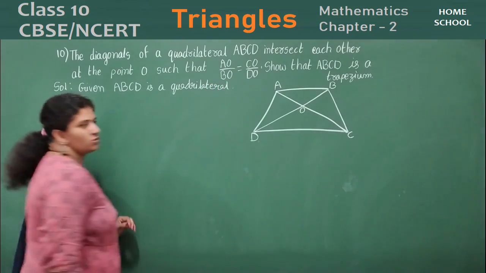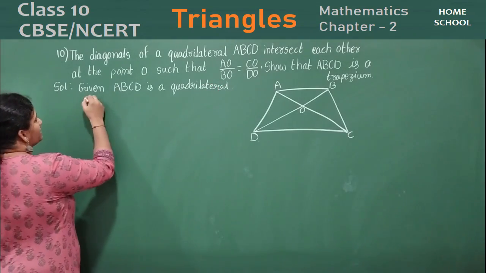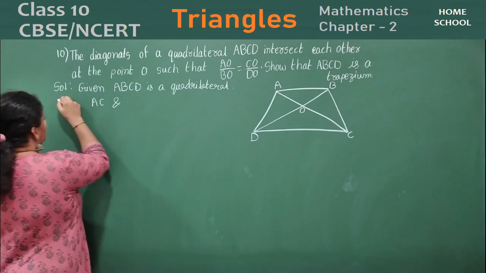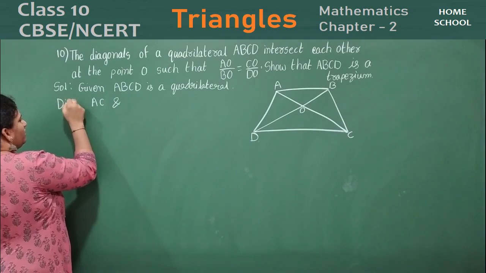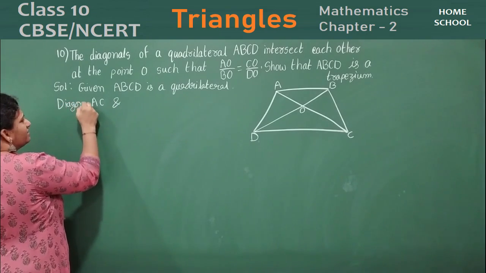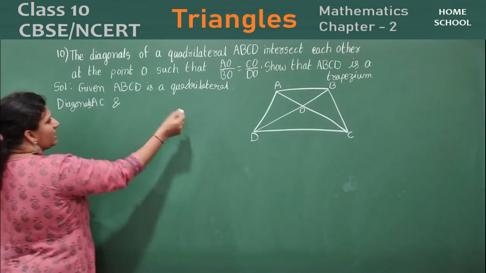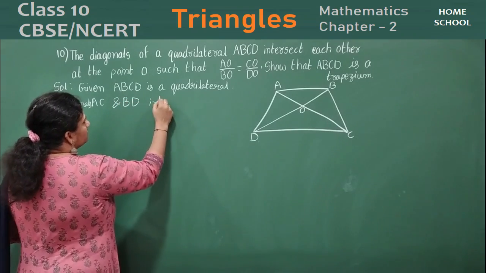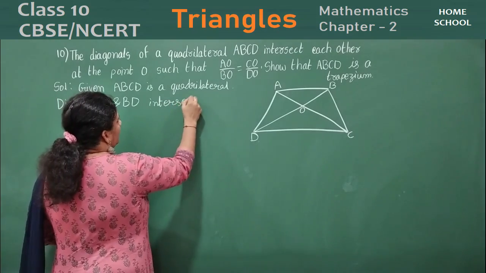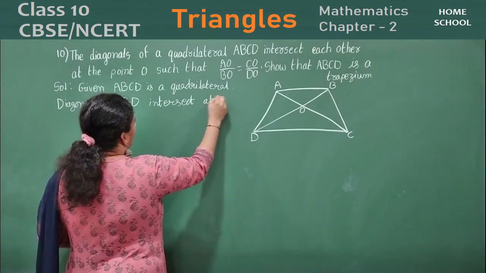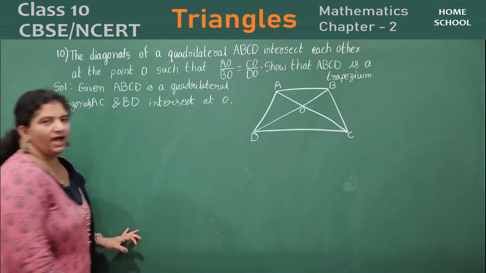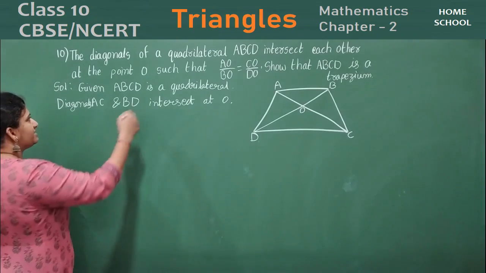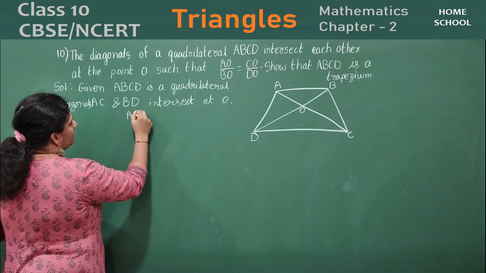Diagonals AC and BD intersect at point O. And still what have they given?